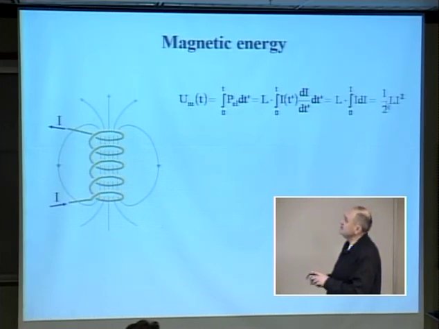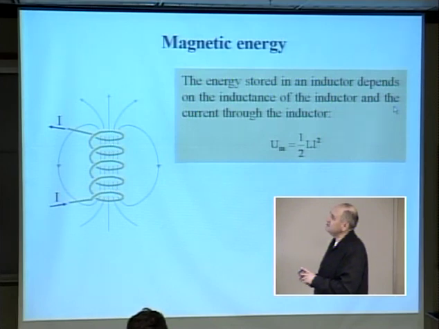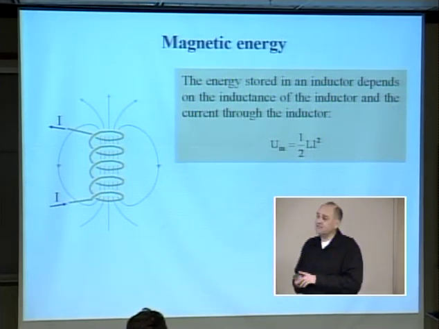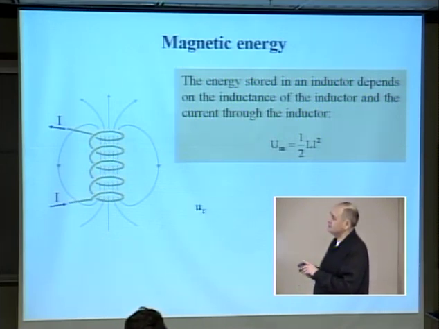If we integrate that, I will have 1/2 of the inductance of this inductor multiplied by the square of the current. So this is the amount of energy which is stored in an inductor when we have current flowing through this inductor.